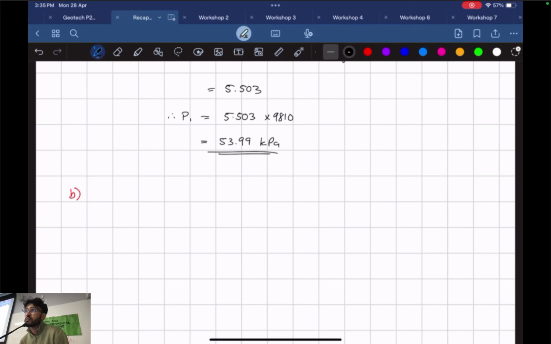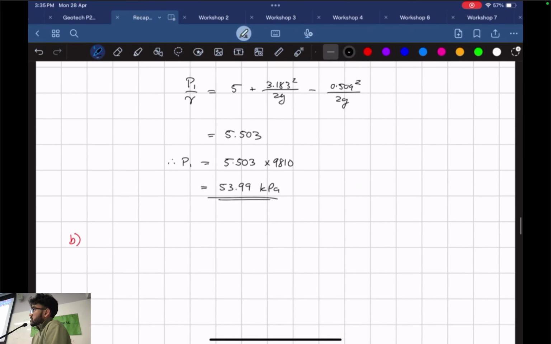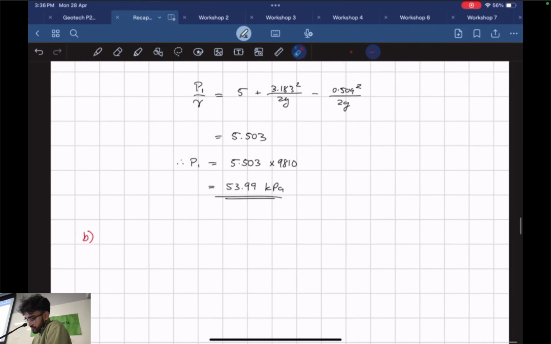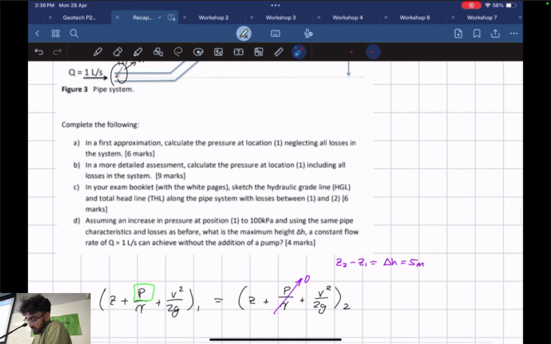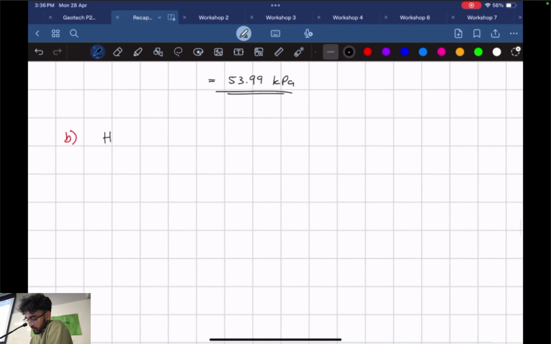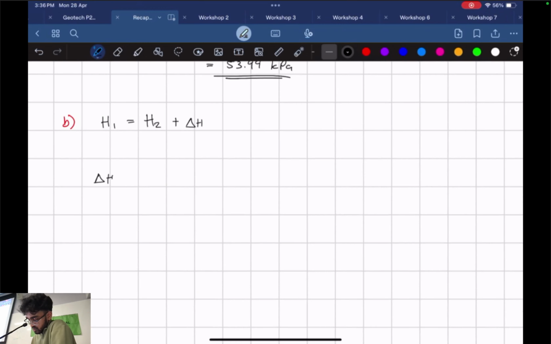Alright, let's take a look at part B. kPa. So, yeah, all good. So, in a more detailed assessment, calculate the pressure at the location, including all losses. Alright? So if we take a look at point 1 and point 2, we're going to have some sort of head loss, delta H. This delta H, right?